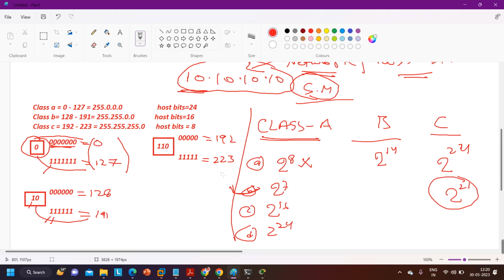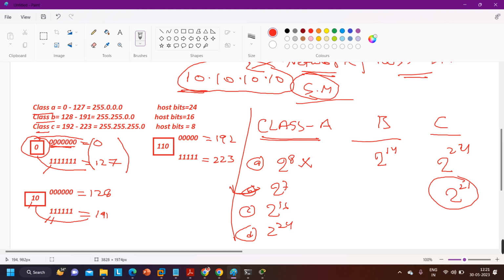We are going to understand subnetting now. Why did we come up with subnetting? Only for one reason: to reduce the shortage of IPv4 addresses. We divide IP addresses into classes. After that, in the classes again we have private IP addresses and public IP addresses.